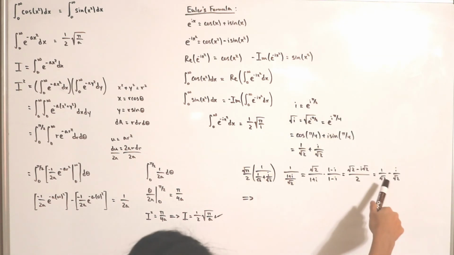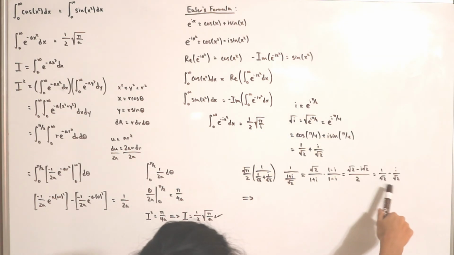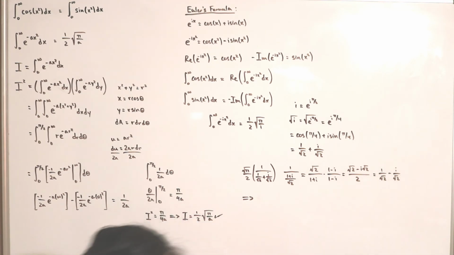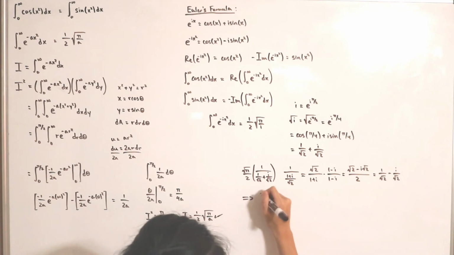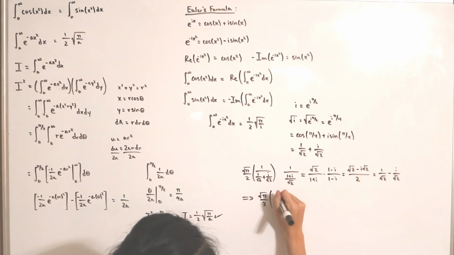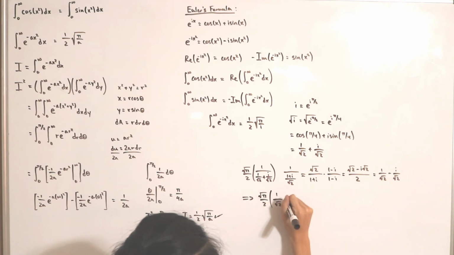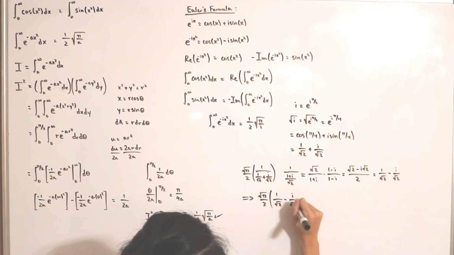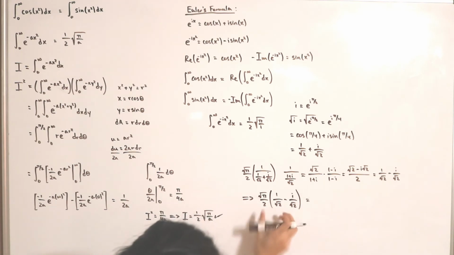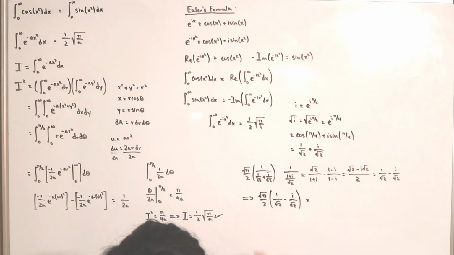Okay, so now that we have our value, 1 divided by the square root of 2 minus i divided by the square root of 2, we can substitute this back in. So we have the square root of pi divided by 2, multiplied by 1 over the square root of 2 minus i over the square root of 2. They share the same radical sign, so I can combine them into one, dealing with just one radicand.